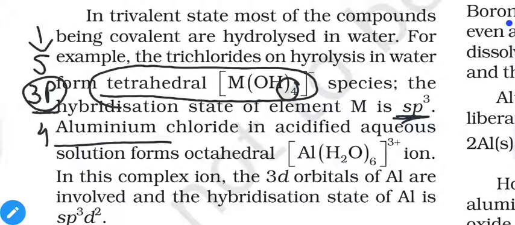But if they use their d orbitals, then they can form more than 4 bonds. As we can see, aluminium can form up to 6 bonds. So it uses its s orbital, 3 p orbitals, and 2 more orbitals from d. That's why the hybridization will be sp3d2.